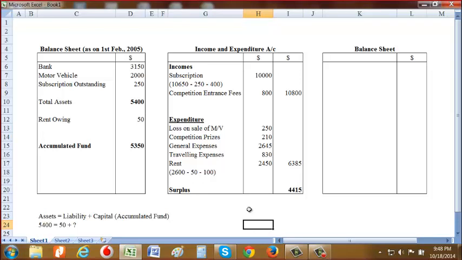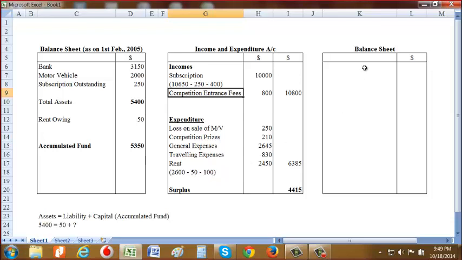So my income is more than expenditure, so I got a positive figure, so that is surplus. So understood how I prepared this income and expenditure. In income and expenditure, I will consider only revenue receipts and revenue payments. Revenue items, and their amounts must belong to the current year only.